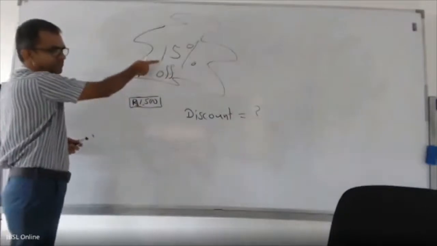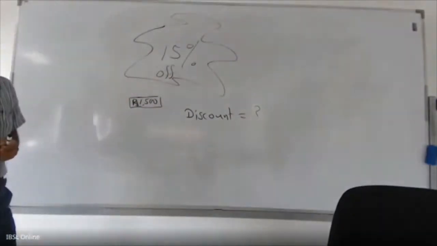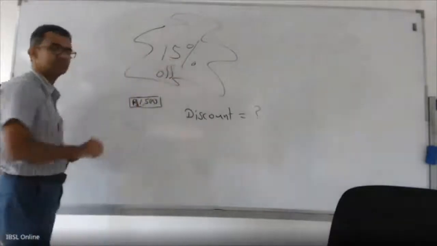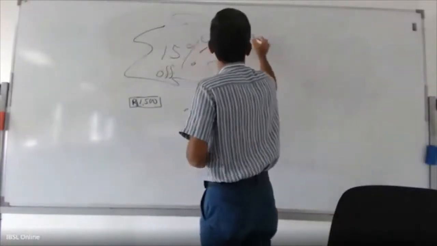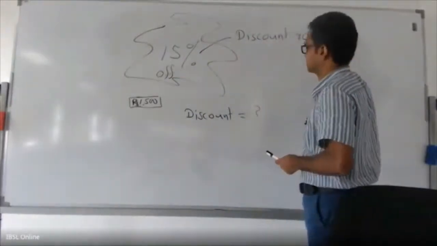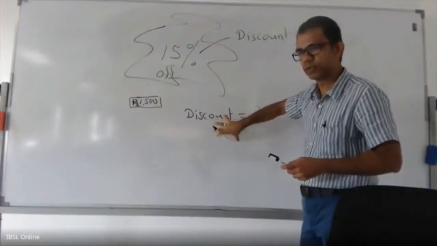What is this 15%? Is it the discount? I am asking you to calculate the discount. Then what is this 15%? It is the rate of discount. Yes, this we call the discount rate. The amount is the discount, the rupee amount.